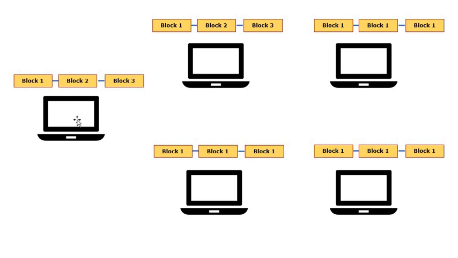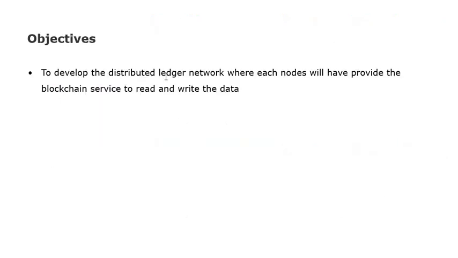Each node will provide access to read the blockchain data and also to create a new block. The existing block cannot be deleted or modified, but we can create a new block. So that should be the first objective in our project.